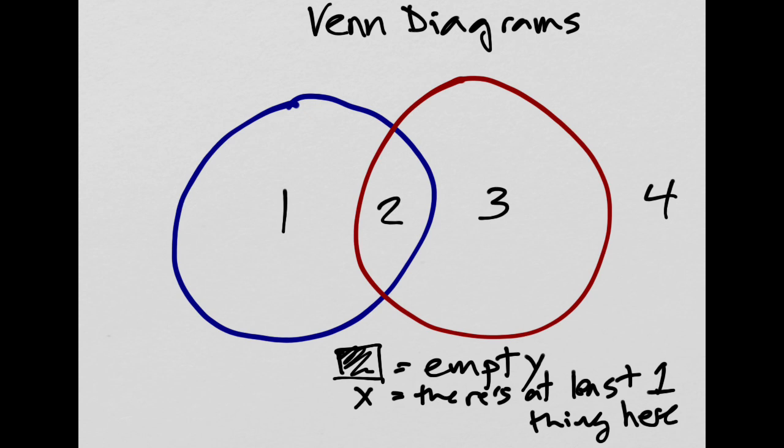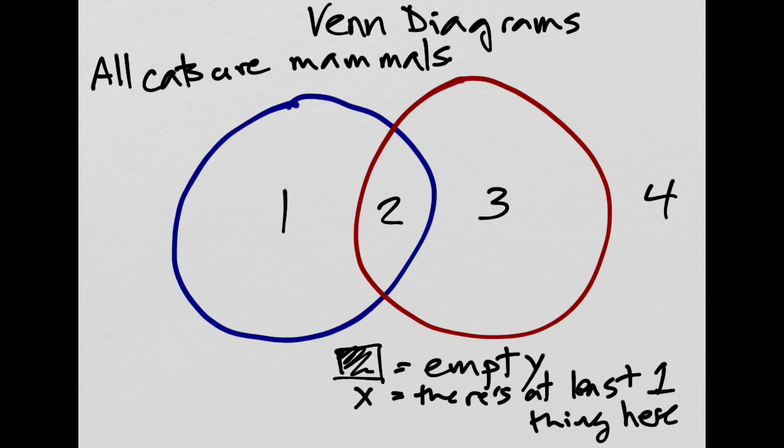So we could then, just to get a better grasp of this, try and fill this out based on a standard form categorical proposition. Very easily here we can come up with all cats are mammals.